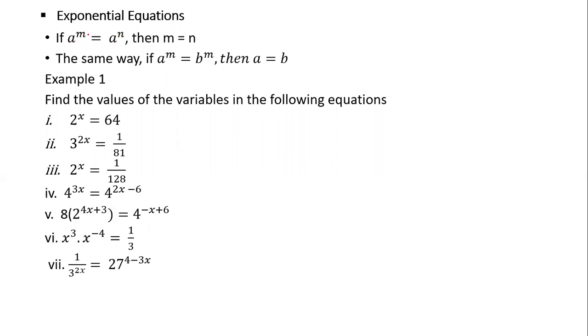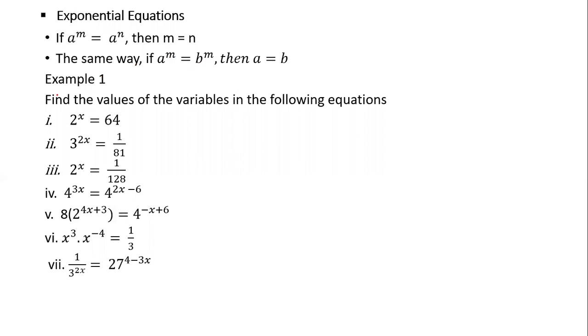So if you have a power m equal to a power n, then m must be equal to n. Whenever you have an equation with two terms separated by the equals sign, where the base is the same, it's a matter of just equating the tops. In the same manner, if the powers are the same, then we can also equate the bases. So we have the two ways. When the bases are the same, the powers must be the same. When the powers are the same, the bases must also be the same.